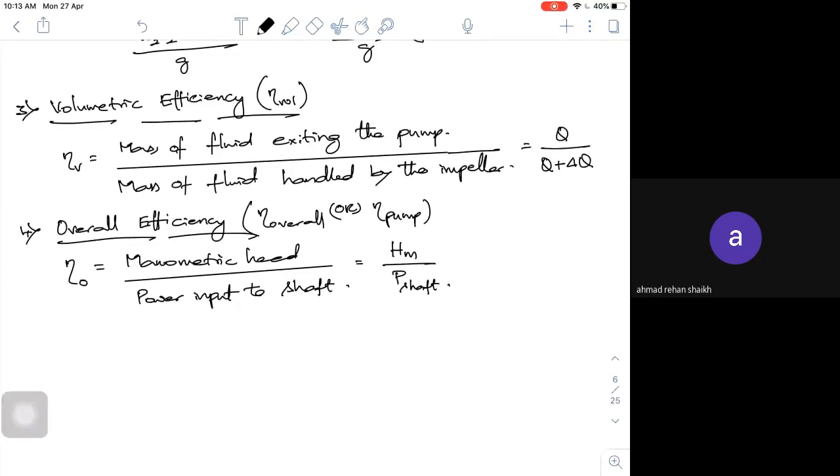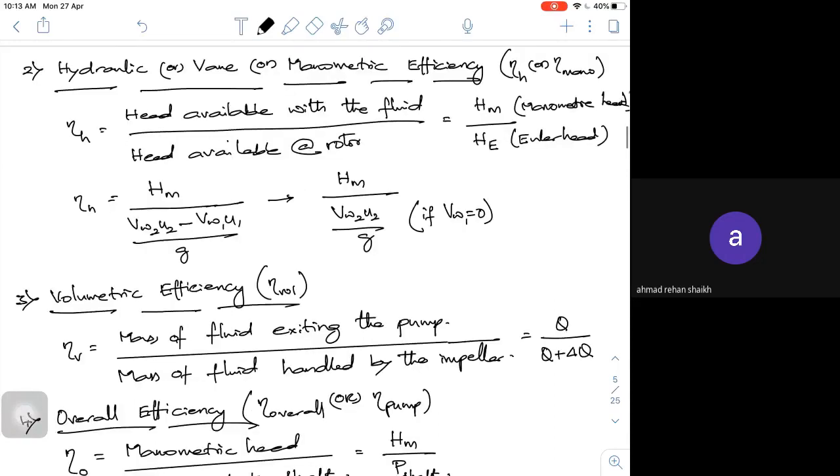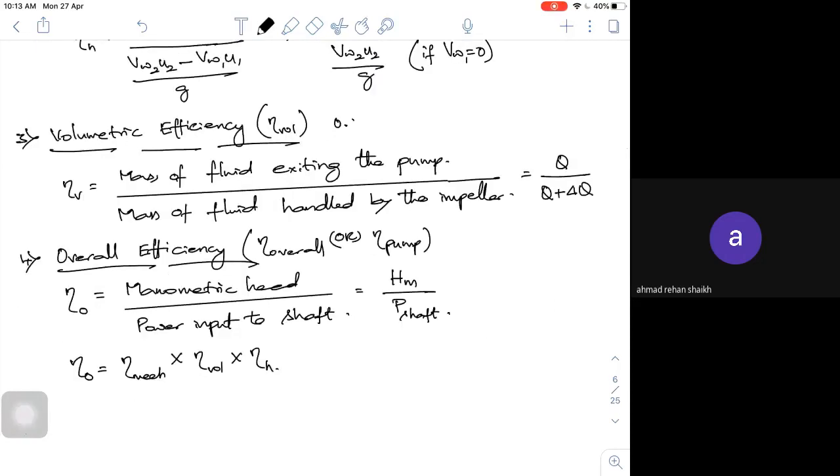Already we have seen this is nothing but the product of your mechanical efficiency, volumetric efficiency and hydraulic efficiency. This number depends on the case. Say your mechanical efficiency is around 85%, volumetric efficiency will be around 90-95%, so 0.9 to 0.95, a rough number, and hydraulic efficiency is around 80%.